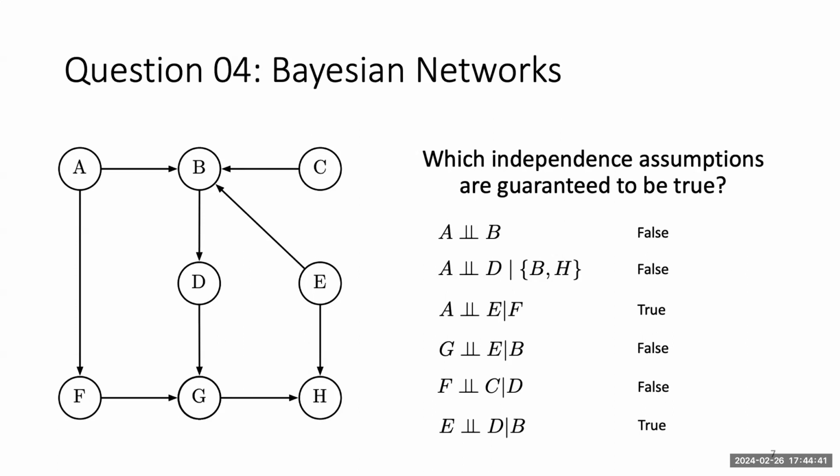So E can try to go from B to D, but that's a serial chain, so it blocks. Now, E can try to go here, but H is not observed, so it blocks the path. Same thing when you try to go from A to D. It's a serial chain, so it blocks the path.